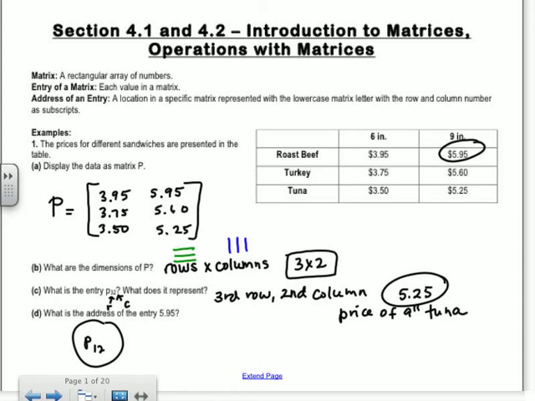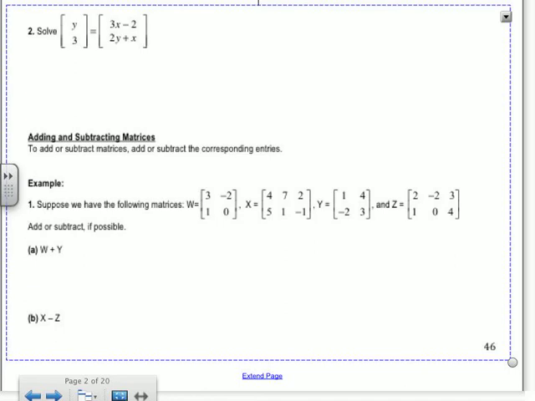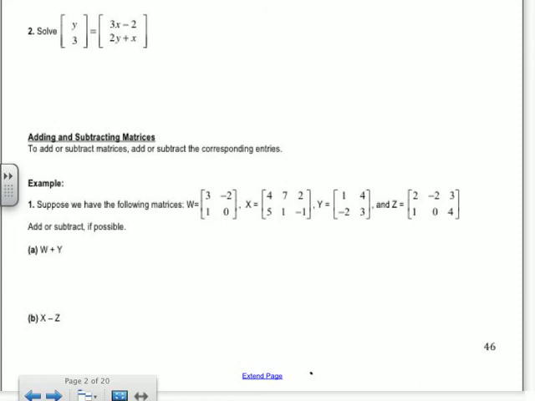This next page says to solve the matrix equation: the matrix with y and 3 equals the matrix with 3x minus 2 and 2y plus x. When you have a matrix equaling another matrix, each entry has to match up with its corresponding entry.